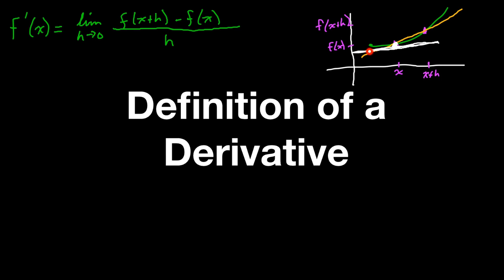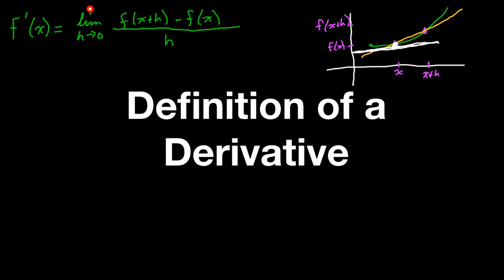Now, in order to get precisely the slope of this tangent, we want this h value, the distance between these 2 points, to approach 0 so that the distance becomes negligible. That's where the limit as h approaches 0 comes from.